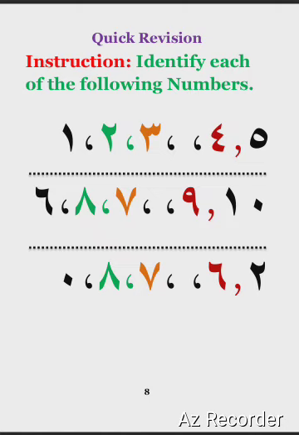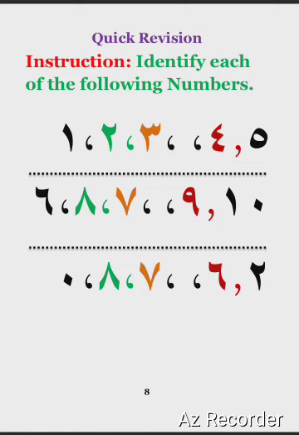Followed by Thalatha, 3. Then Ithnan, 2. Then Wahid, 1.